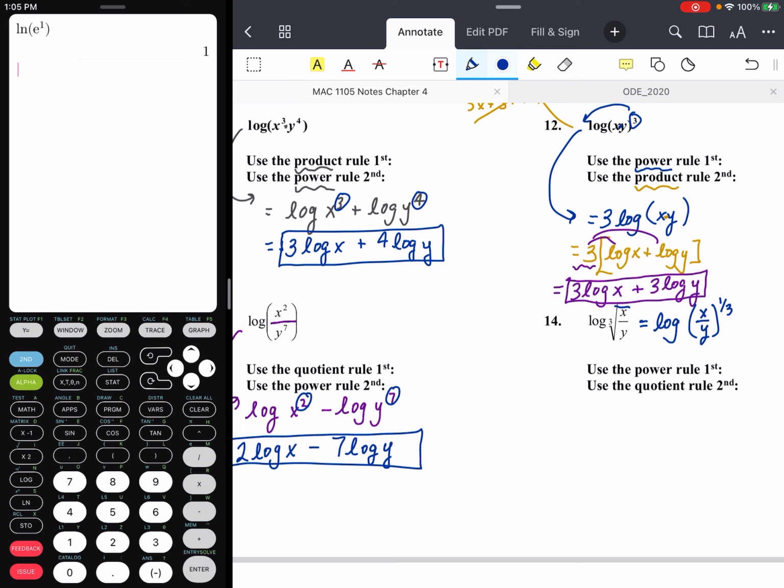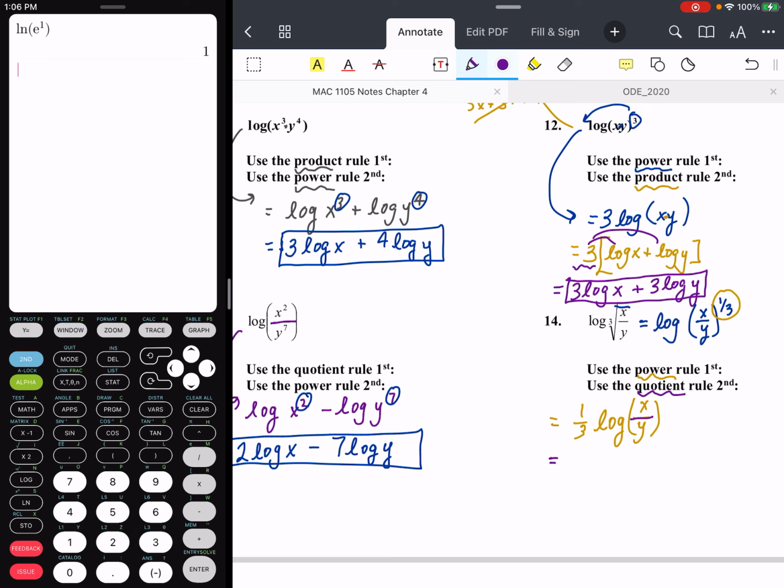All right, so because we've got that power outside of the parentheses, just like we did in number 12, guess what we're going to do first? The power rule. Applying the power rule first, I'm going to rewrite this as 1/3 times the log of x divided by y. Don't really need the parentheses, but they can't hurt. And next, I'm going to apply the quotient rule.